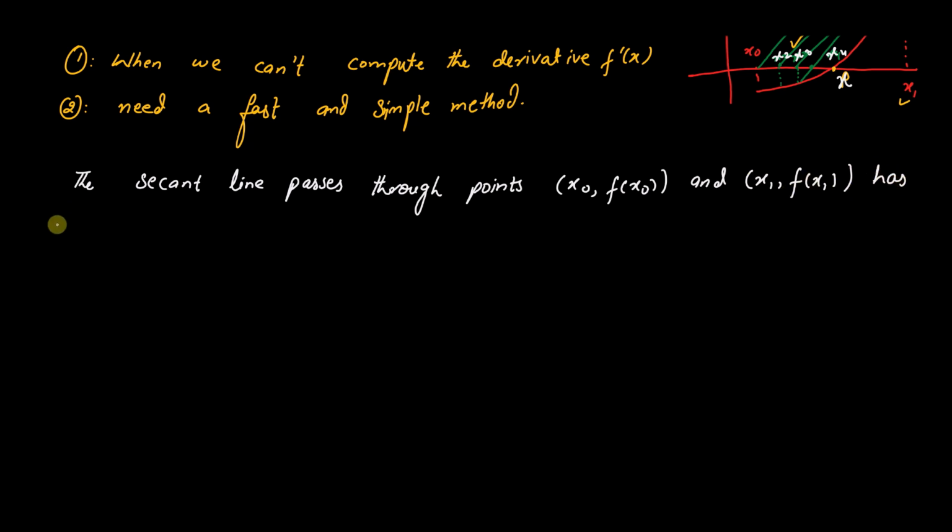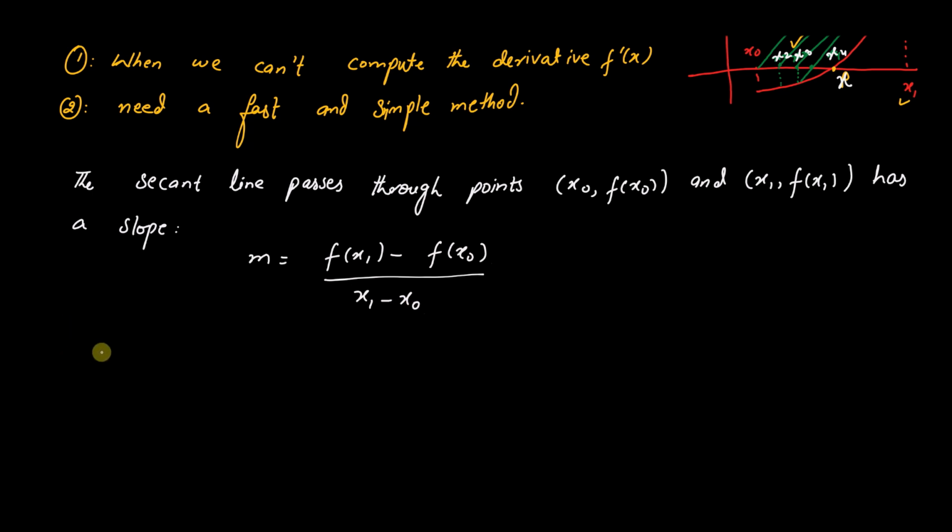Both these points define a slope, m, which is equal to f of x1 minus f of x naught divided by x1 minus x naught.